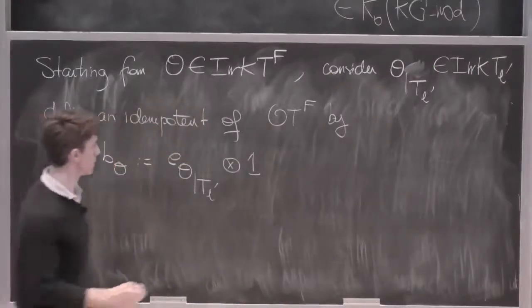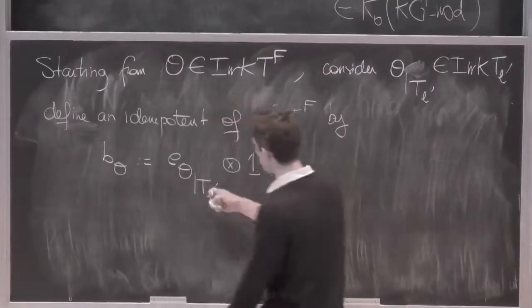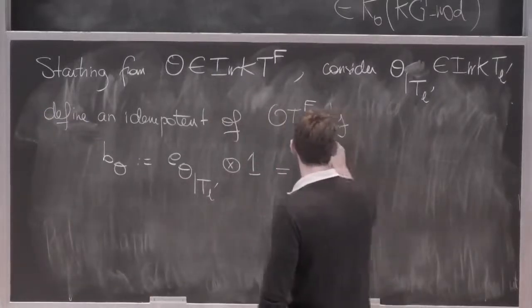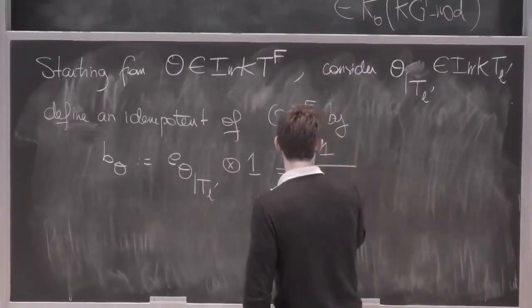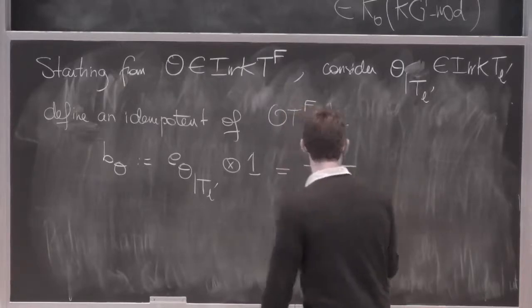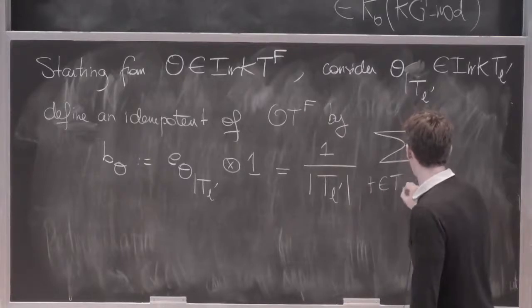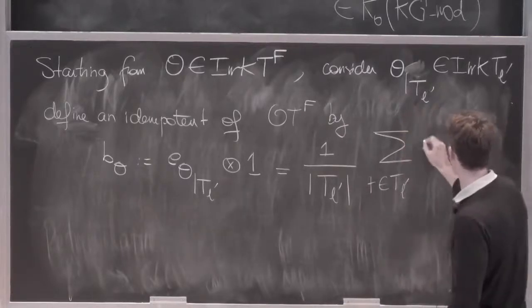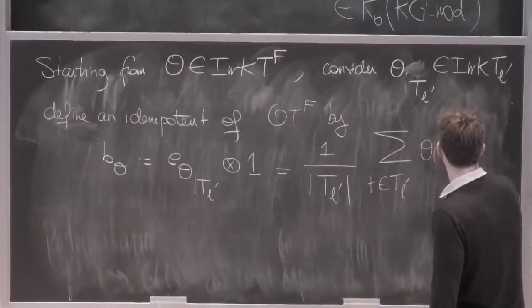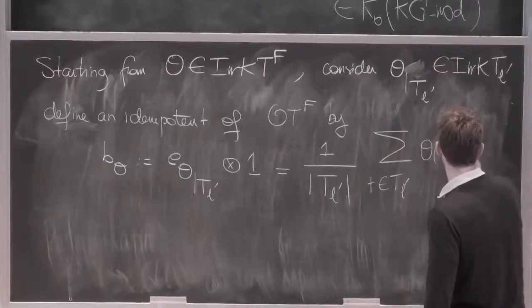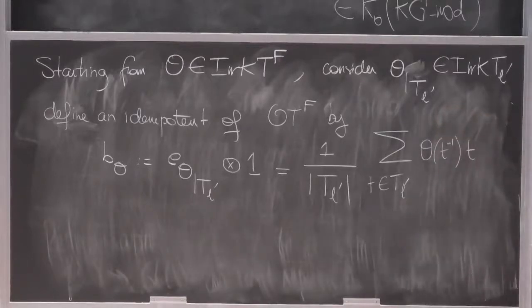And what is it explicitly? Well, it's just writing this one. You have to divide by the order of TL prime, and then you sum over all the elements of TL prime. You apply, let's do it this way, look at this element.